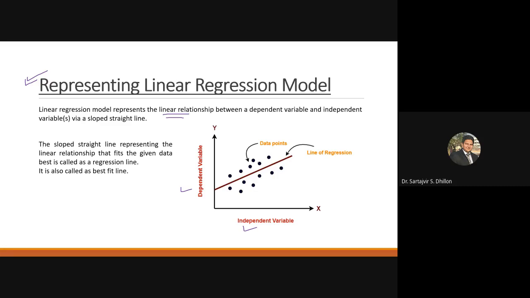These black points represent the data points that we have already covered. The straight line representing the linear relationship that fits the given data best is called the regression line, and it is also called the best fit line, which exists in between all these data points.